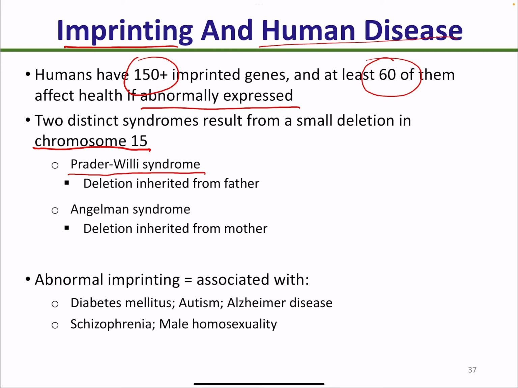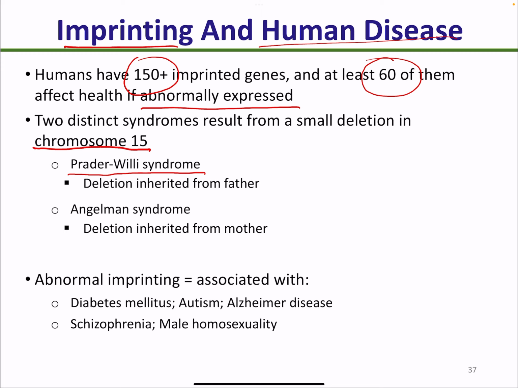Now, this is when the defect is received from the father. But if the same deletions on chromosome 15 are received from a mother, now the child is going to develop what we call the Angelman syndrome.